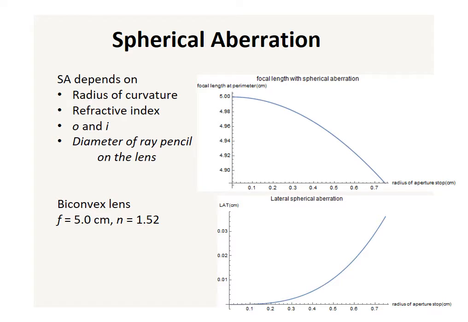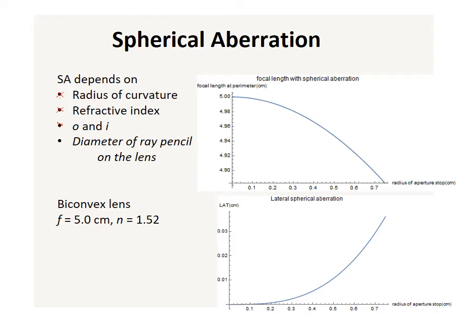Now, the amount of spherical aberration depends on parameters that describe just how much the rays are refracted. So the amount that the rays are refracted depends on the object and image distance, which tells you the angle at which the rays come into the lens. The radius of curvature, which also defines that angle, and the refractive index, which tells you how much refraction takes place.